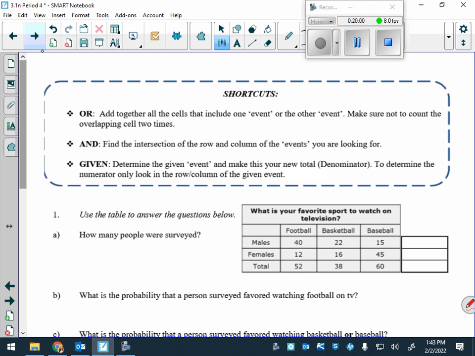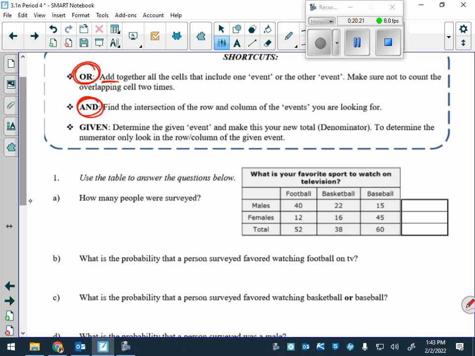If you see the word or, you are still adding the cells that include one event or the other. You're still adding together, and I'll show you what that means shortly. If it says and, for example, how many people are male and like football, it would be 40.